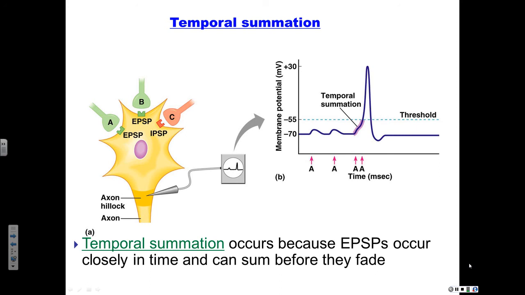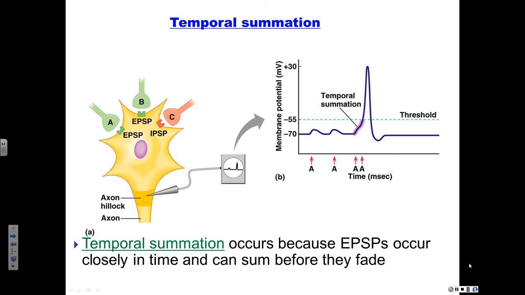Now A fires, and then another one comes in and fires at A again, and they add up, and you get threshold, and you get an action potential.